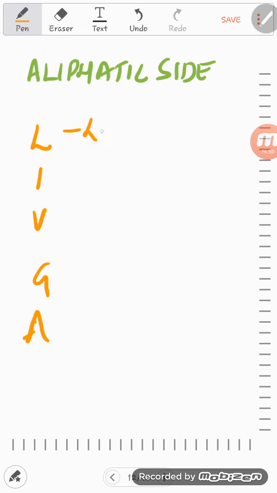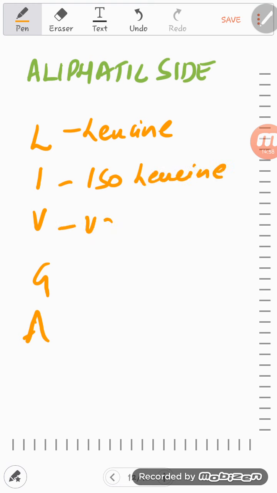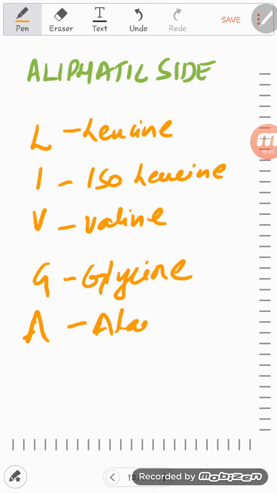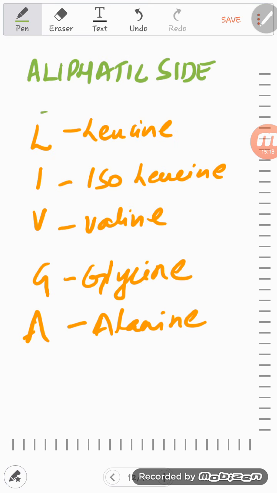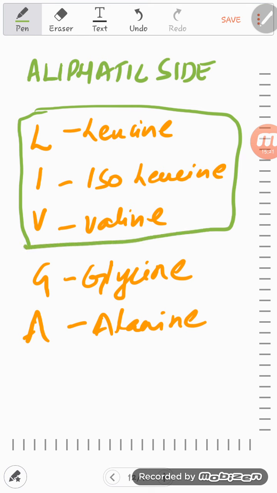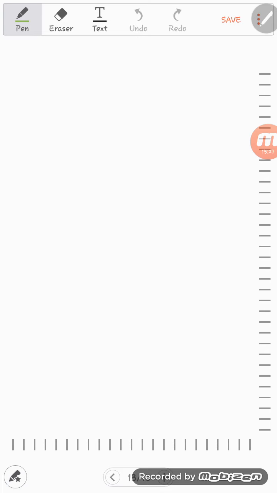L is leucine, I is isoleucine, V is valine, G is glycine, A is alanine. Okay, so out of these, they can ask which are branched. The first three are branched. Live is branched. Clear?